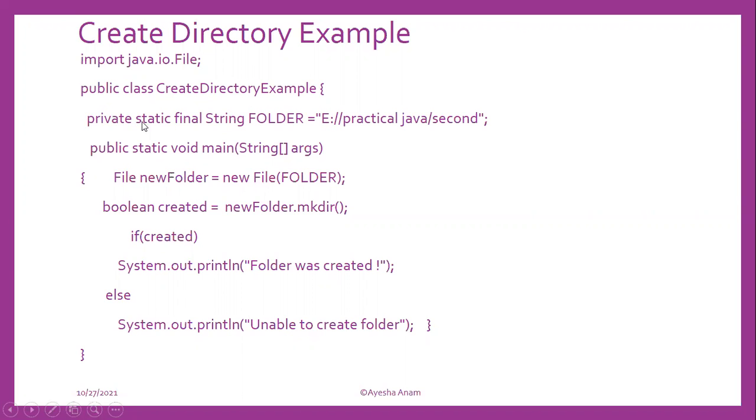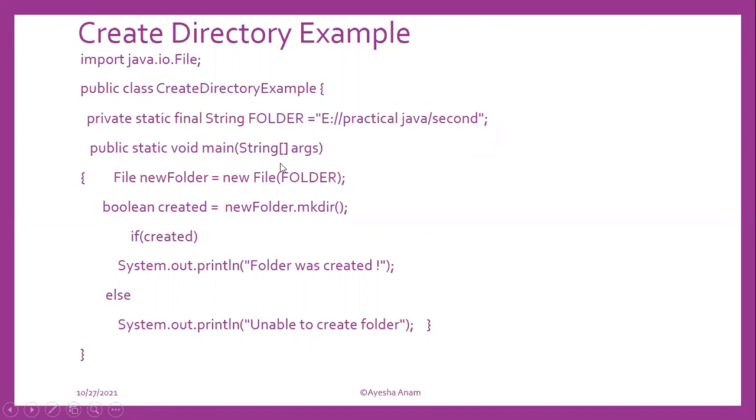So here one string is used, capital FOLDER. This is a final string, that means you can't change this string. Private static final String FOLDER is the variable in which you are storing this path: E drive, practical Java folder, and in it you will create a folder named second.